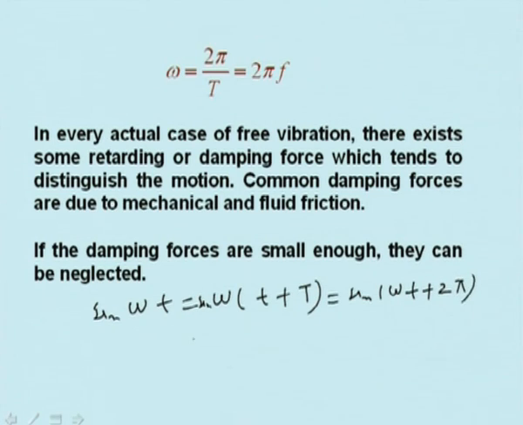So 2 pi is equal to omega T, where T is the time period. Therefore, omega is equal to 2 pi by T. 1 by T is called the frequency. Therefore, this can be written as 2 pi f.